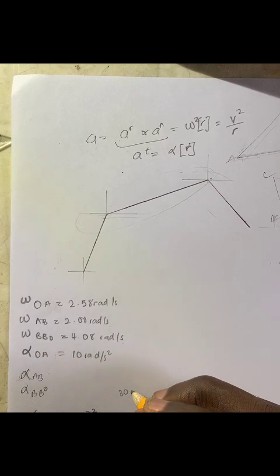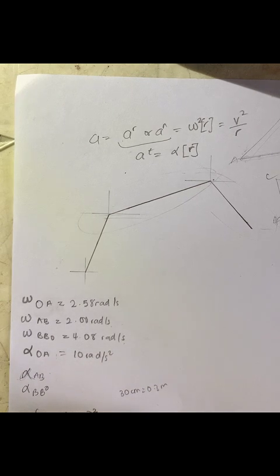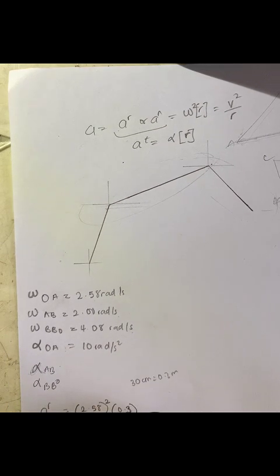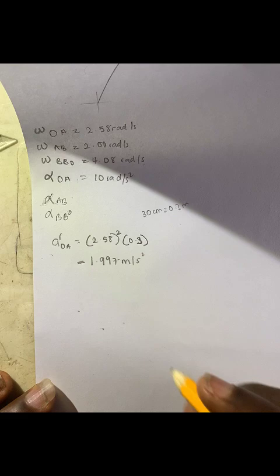Since this is 30 centimeters, 30 centimeters equals 0.3 meter. That will give me 1.997 meters per second squared.